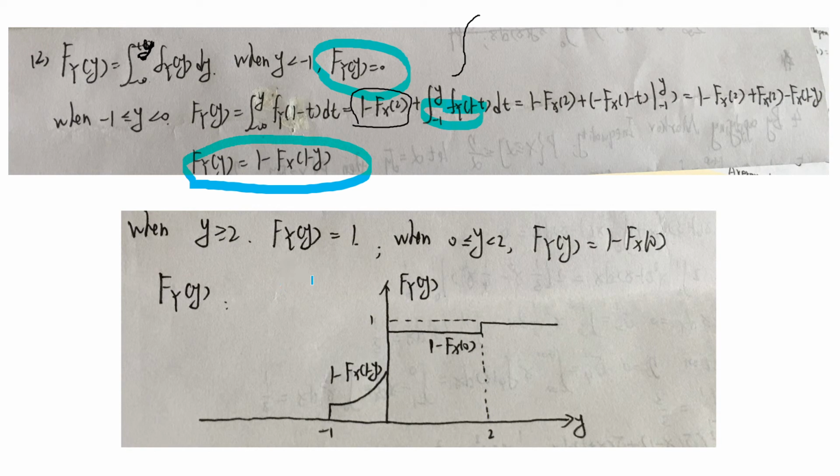When y is greater than 2, FY(y) equals 1. So this part should be 1 minus FX(0).